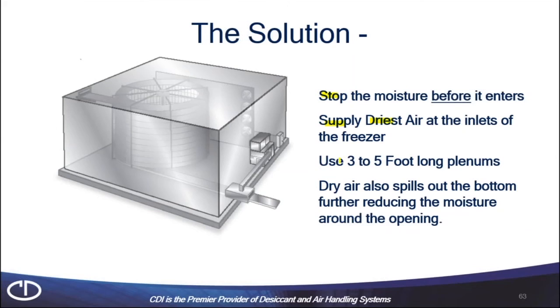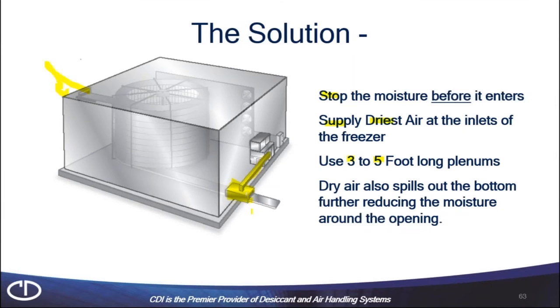We do that by using a 3-foot to approximately 5-foot long plenum. So right here on the inlet, another one on the outlet. But that is a plenum, stainless steel, 3-sided, cleanable. And then we are going to take air from the dry climate product, the stainless steel unit we talked about earlier, and we are going to provide that air into this plenum at a low velocity, at a distributed velocity, so that we are providing a dry air pillow, if I can use that name.